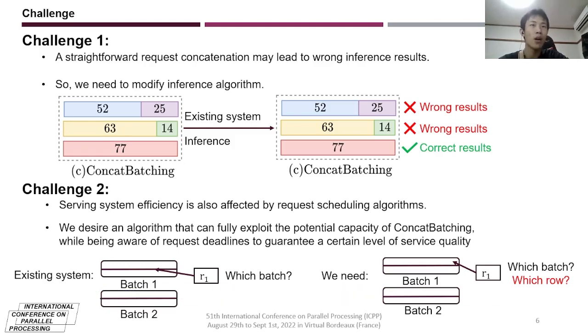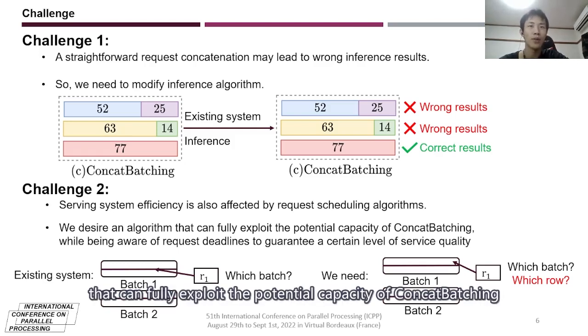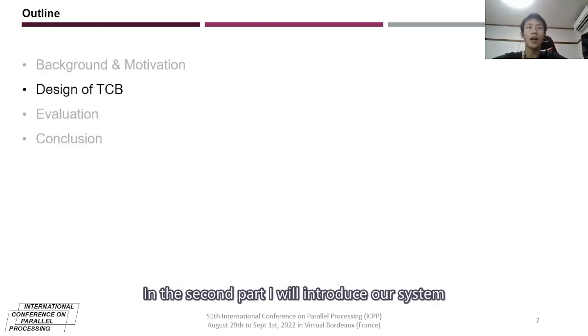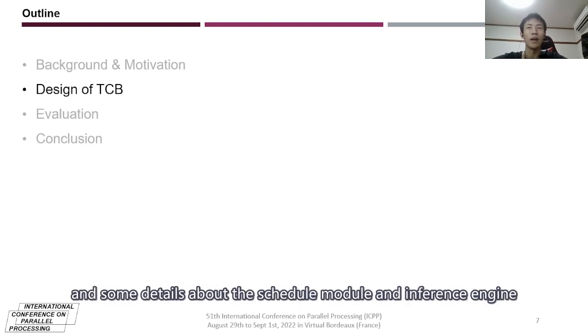We need an algorithm that can fully exploit the potential of concatenation batching, while being aware of request deadlines to guarantee a certain level of service quality. In the second part, I will introduce our system and some details about the schedule module and the inference engine.